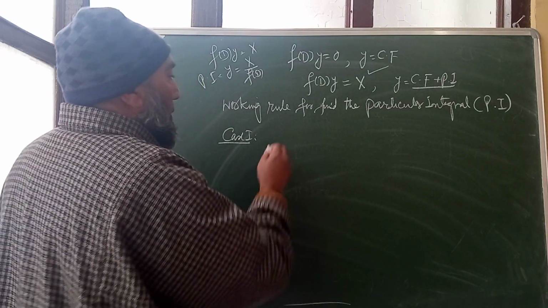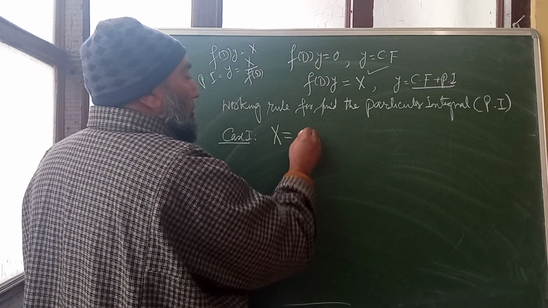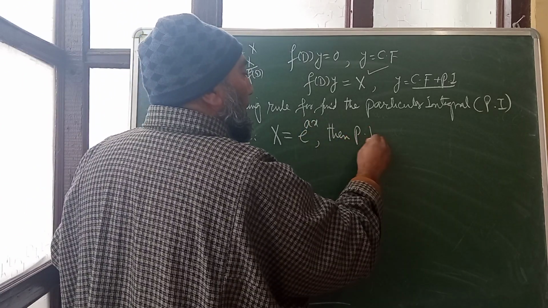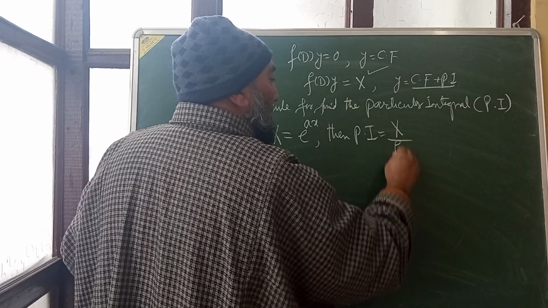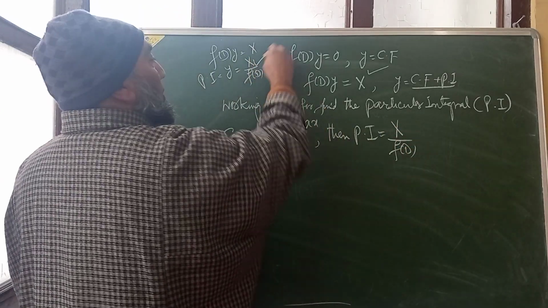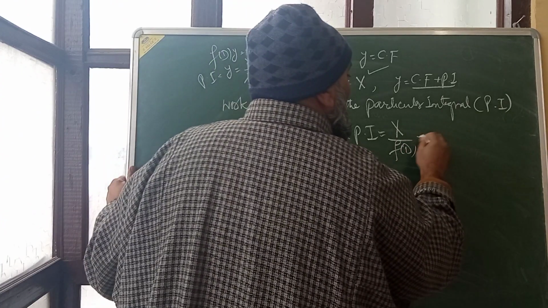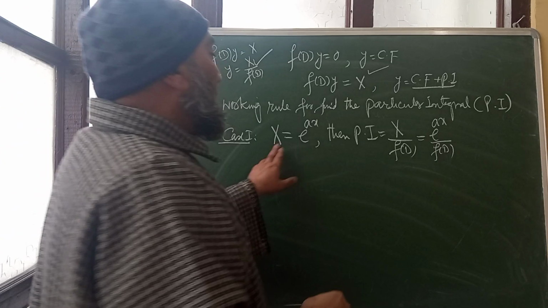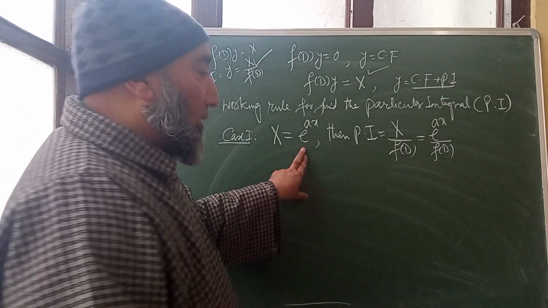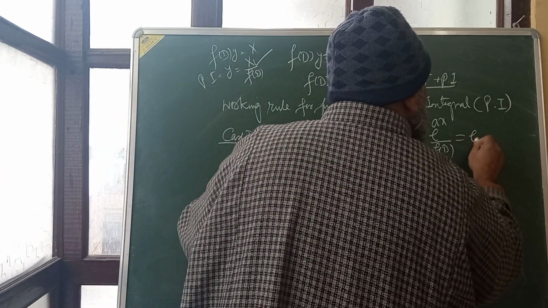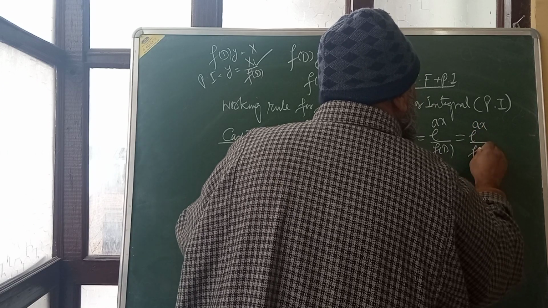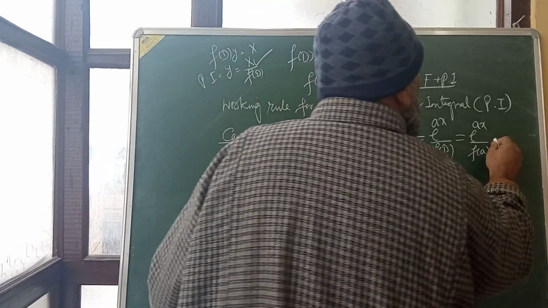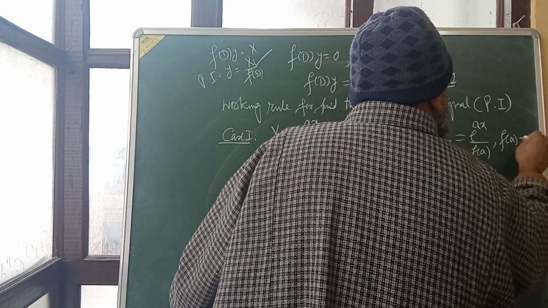Now case 1, when capital X is of this form, e to the power ax, then what is PI? Then the particular integral is X upon f(D), which is equal to e to the power ax upon f(D), as in this case our X is e to the power ax, and this is nothing but e to the power ax upon f(a). It means that I am replacing D by a, but the condition is that f(a) is not equal to 0.